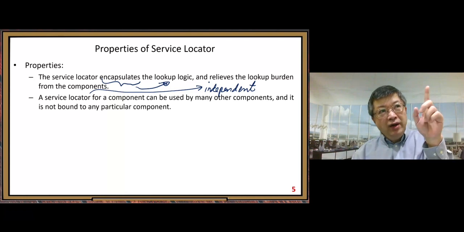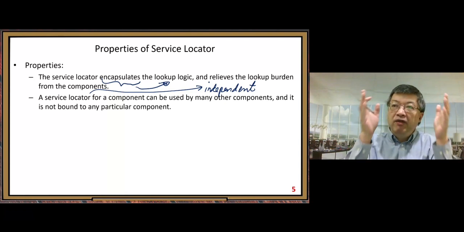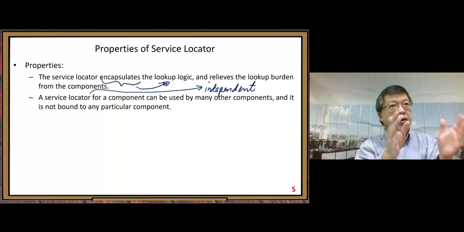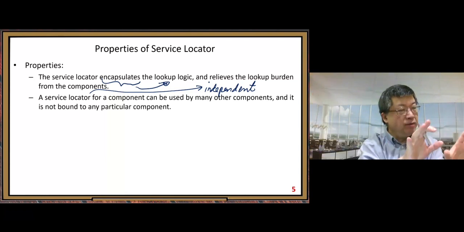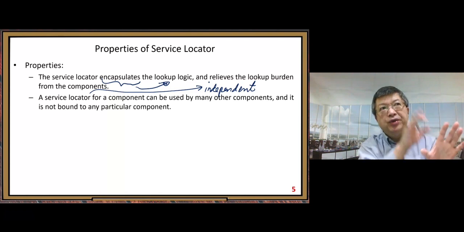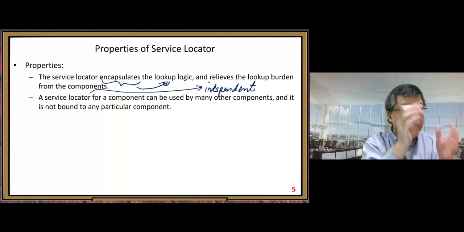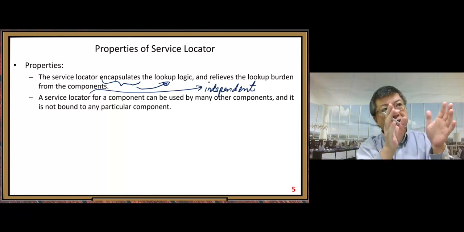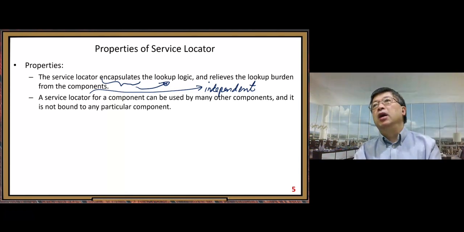So for one special resource, you only need to develop one service locator. Then all the components can use the same service locator, right? Later, if you want to modify one special part of the lookup logic, you only need to modify one Java file.